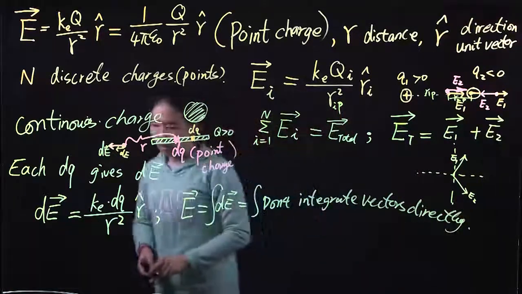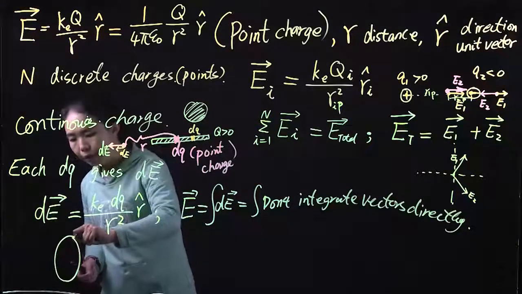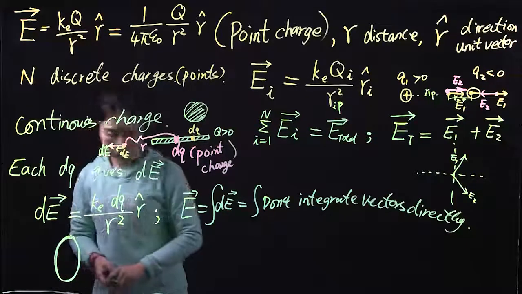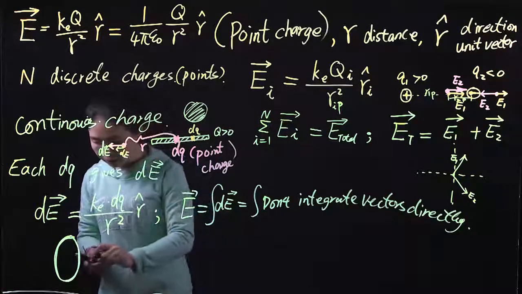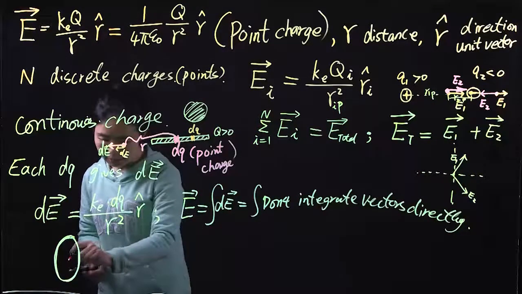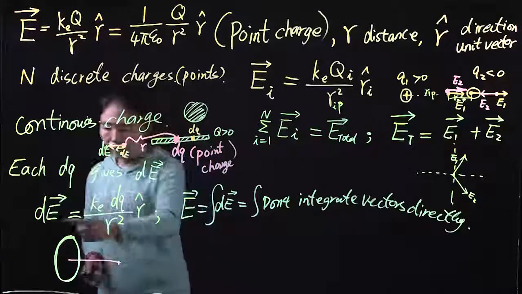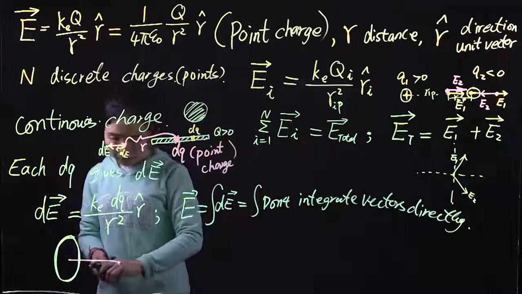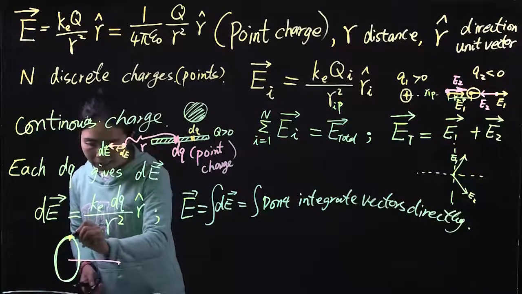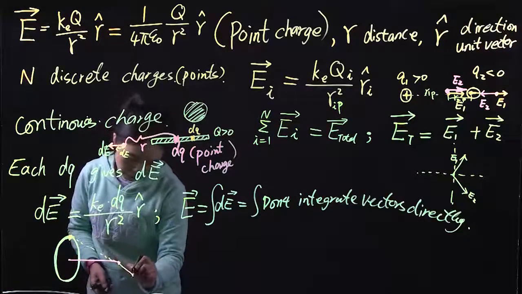What does that mean? You remember one of our famous homework examples where we have a charged ring, and this ring creates an E field at a distance x away from the center along the axis. You have a perfect ring, and you take a small amount of dq. That's going to create an E field pointing along this direction here.